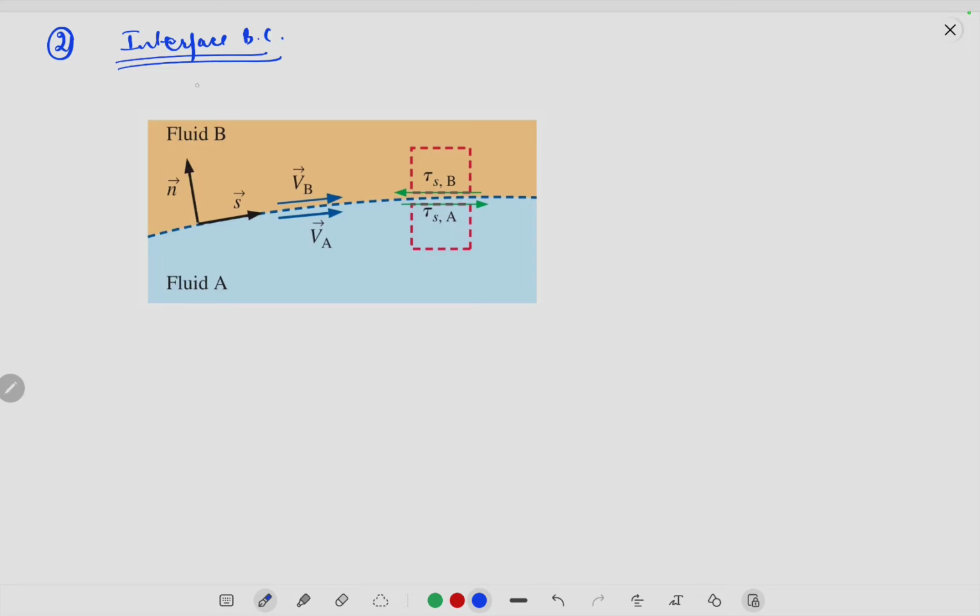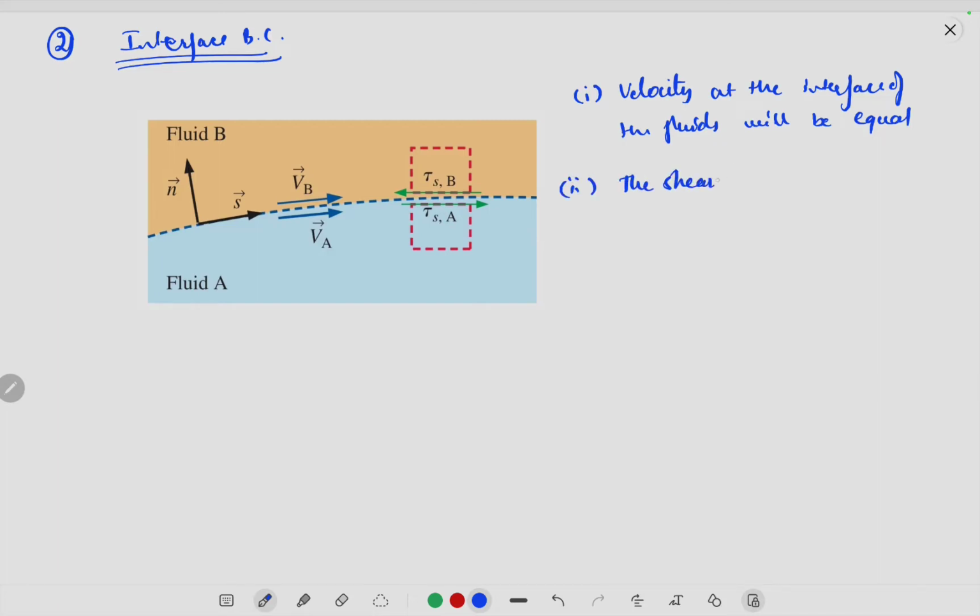Okay, so what does this interface boundary condition tell me? It tells me that the velocity at the interface of the fluids will be equal, and second, the shear stress at the interface will also be equal.